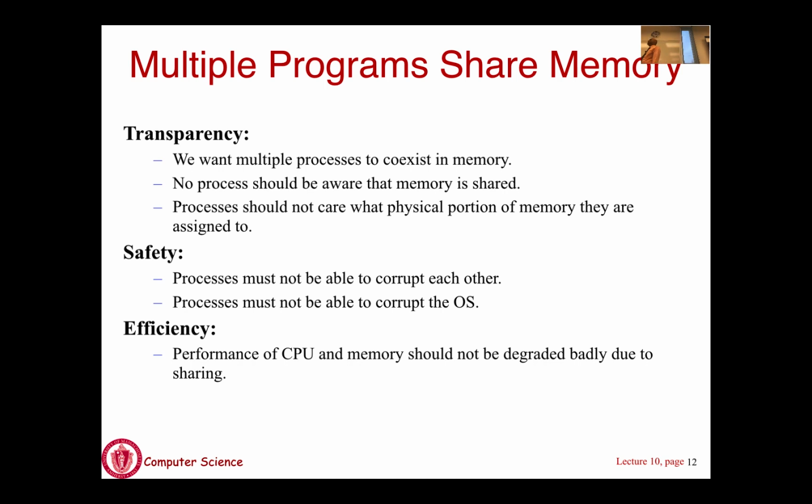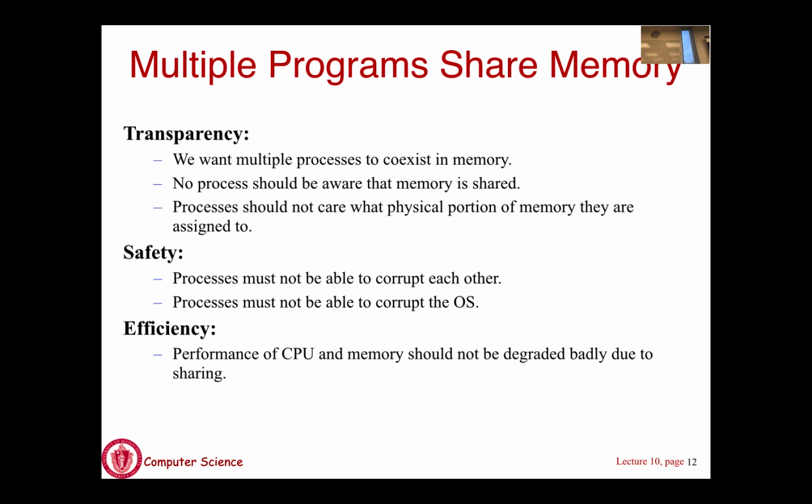Then we want safety, which is that one process should not be able to access the memory region belonging to another process. Otherwise, you can trample some other process's memory, or read sensitive things in it. The third one is efficiency. Because the virtual to physical address translation is happening at runtime, you want that to be done efficiently. We'll see some schemes that are not as efficient and see how to make them better.